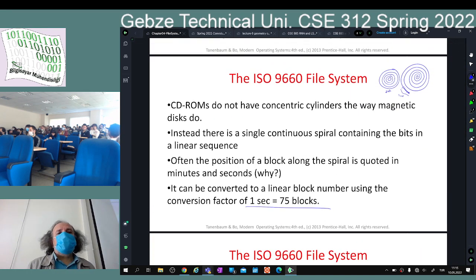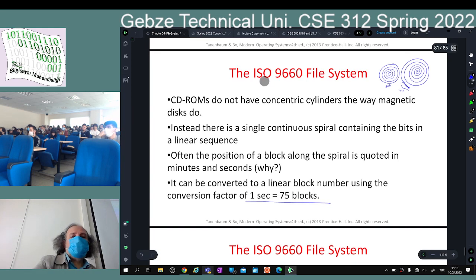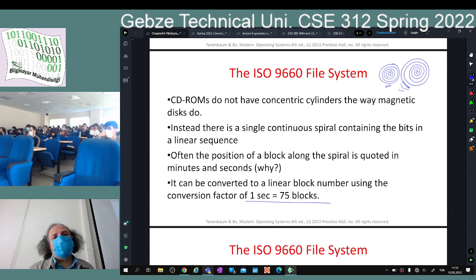So the International Standards Organization, ISO, came together and decided to make this a universal, international standard. Whoever is going to keep data on the CD-ROM should follow these rules so that we can have compatible music players, compatible video players, compatible data recorders and data readers.